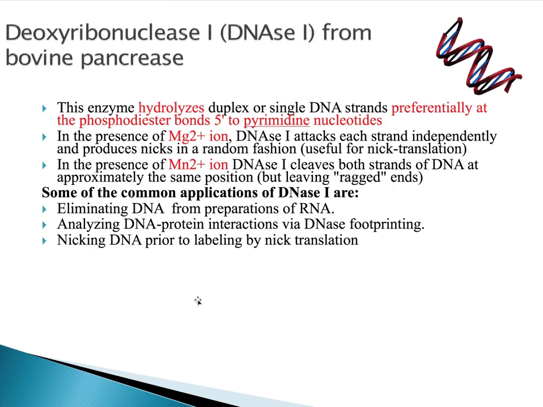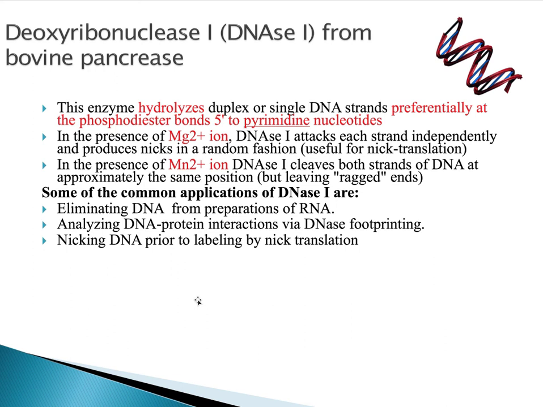All right. Now, DNase 1 is usually isolated from bovine pancreas. It practically depends on what kind of ion you provide. If you provide magnesium ion, it usually gives you some nicks. Remember, those nicks we can use for nick translation.